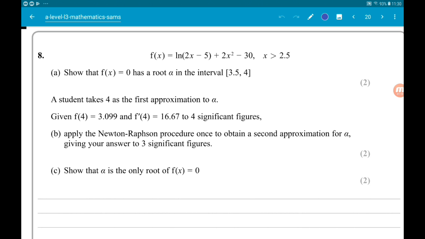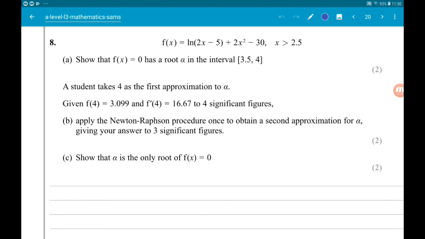So, part A, we should say f of x is continuous in the interval.